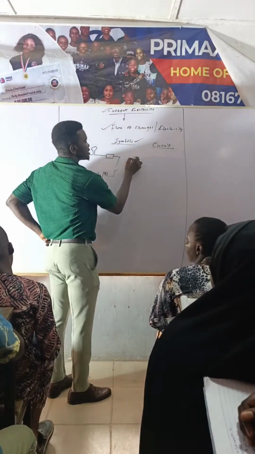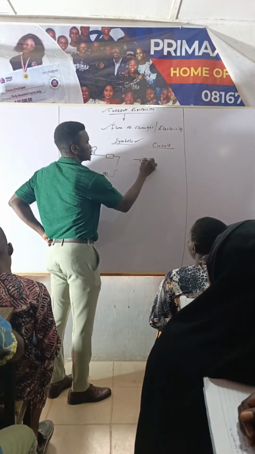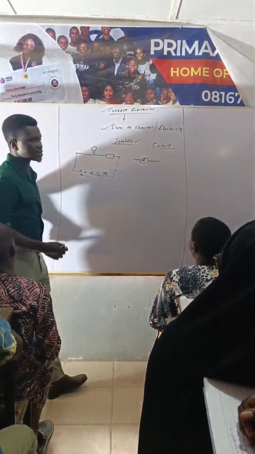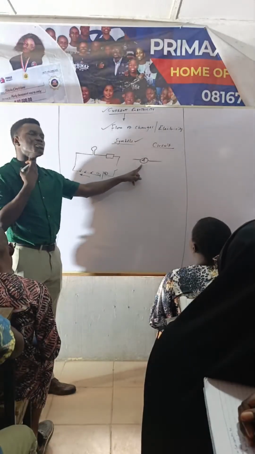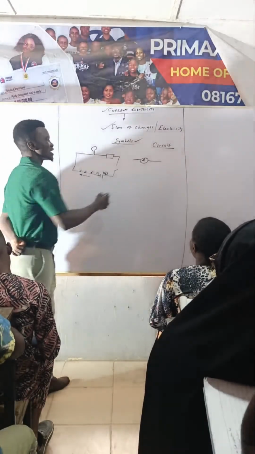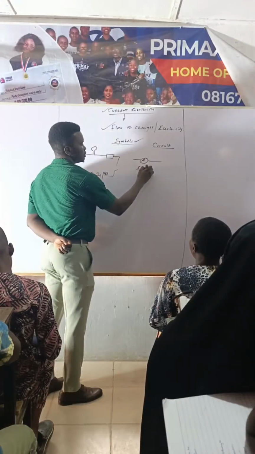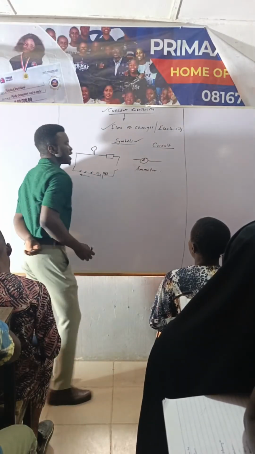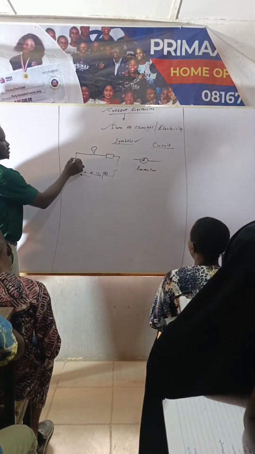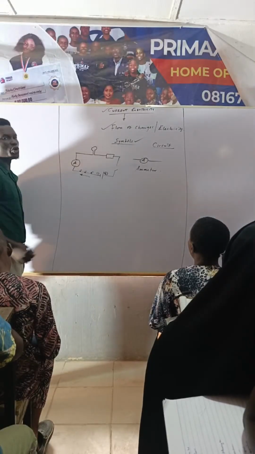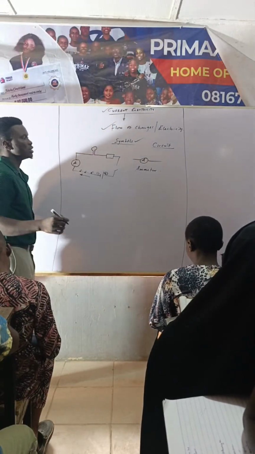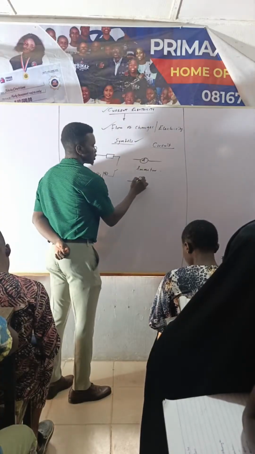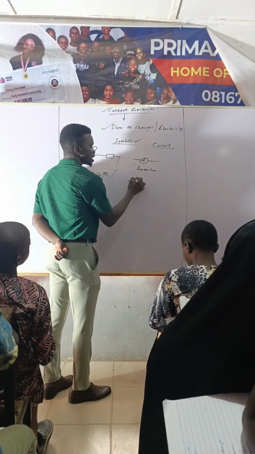So if you see a symbol like this in current electricity, this is called an ammeter. That's an ammeter. And the function of an ammeter is to help you detect the current that is flowing. So that is it. We will talk about it again. This is called a voltmeter.